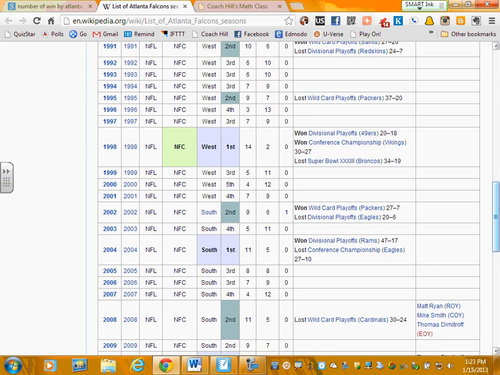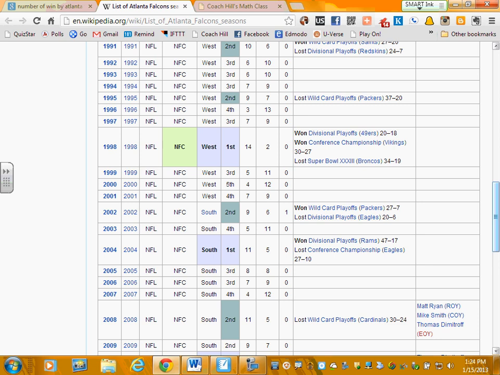So what I did was I got all this information over here, and I did a tally. A tally is just tick marks of counting the numbers of seasons that we get. In my last period class, I had a student sit there and take this table on Wikipedia of the Falcon wins, and they called them out.